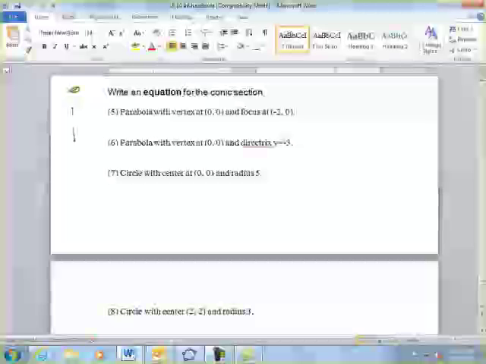So for number 5, I have a parabola, vertex at 0, 0, focus at negative 2, 0, and our parabola is supposed to open up around our focus. So by plotting that, I can see that this one is a horizontal parabola. And from the chart at the top then, choose the y minus k squared equals 4p x minus h, the horizontal parabola equation in the chart.